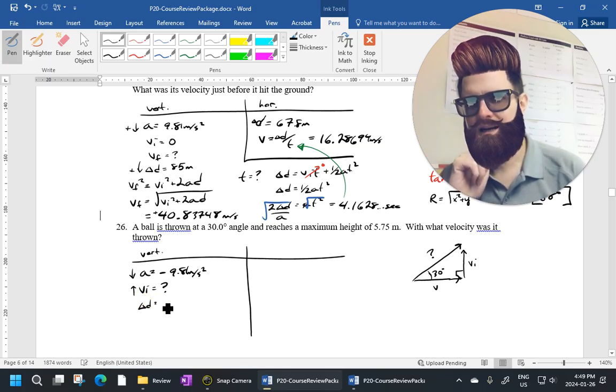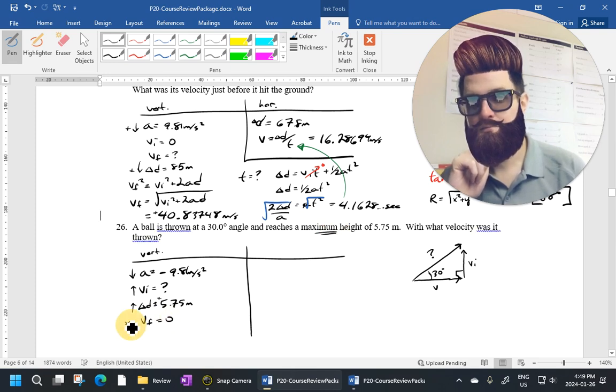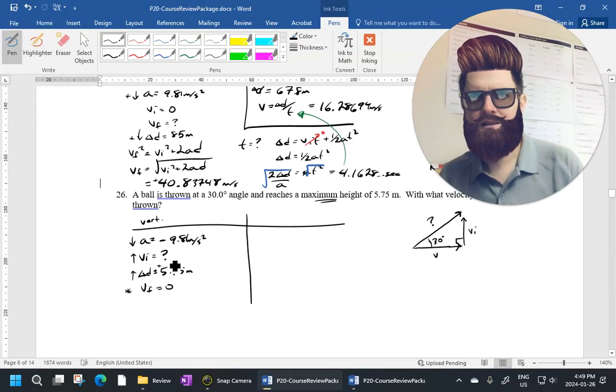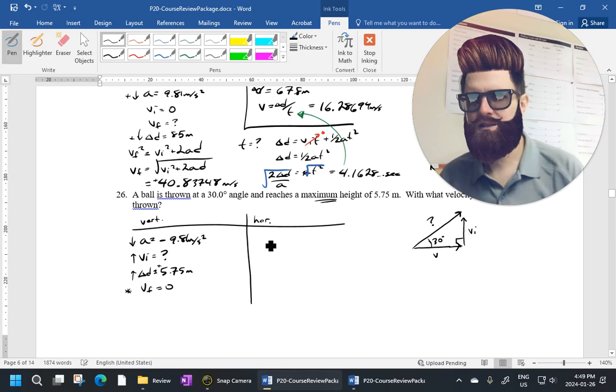It tells us that we reach a maximum height. So height is vertical, which is upwards, nice positive number. What else do we need here? Oh, because it's the maximum height, our VF is 0, right? Because we're at max height. So actually I don't need anything else, because I can find VI, and once I find VI, in my horizontal direction, I don't need this side. Not needed, right?